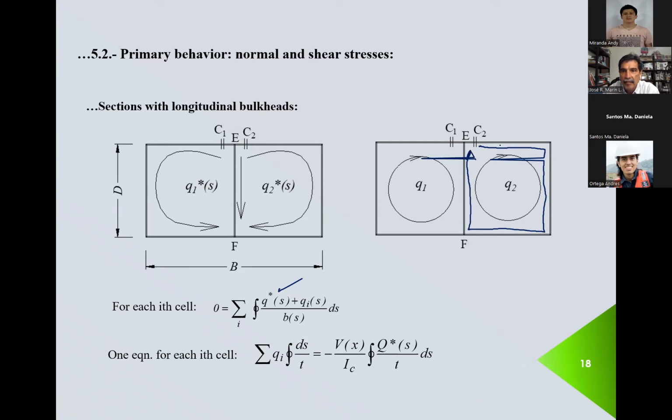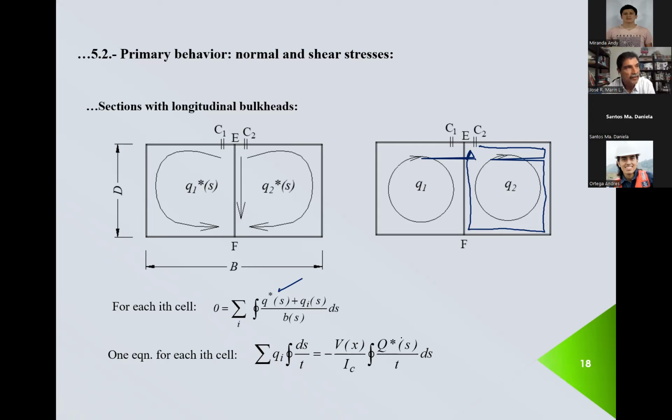In here, the thickness is probably constant. The deck has a certain value for the thickness, so the result of this integral will be the length. In this case, it will be half of the beam divided by the thickness. Then we integrate plus the side, which would be the depth times the thickness of the side. We go to the bottom, we go to the bulkhead. So this integration is very simple.